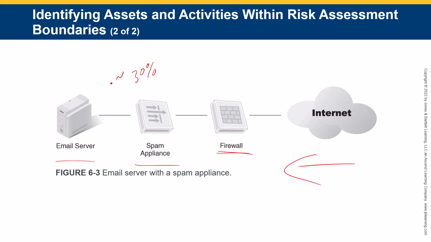And so it is placed between the internet or network connectivity and the email server. That way data flows through it and we're able to reduce the spam getting to the email server. If we look at the costs of the spam server and we look at the potential for what the spam could do on the email server, we can see if the risk is acceptable and then figure out cost from there.